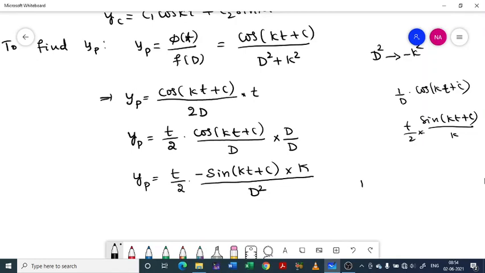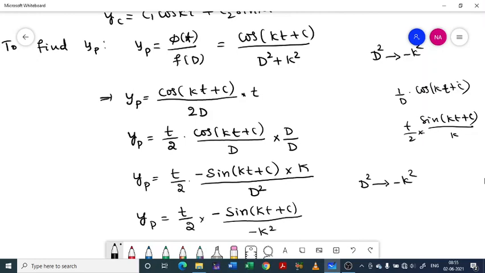Now replace d square by minus k square. So yp will be minus t by 2 into minus sin of kt plus c divided by minus k square into k.